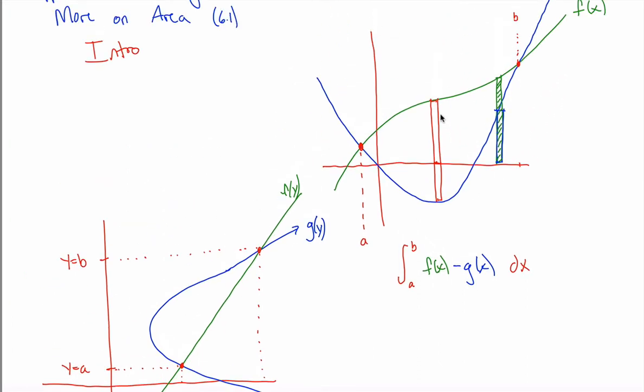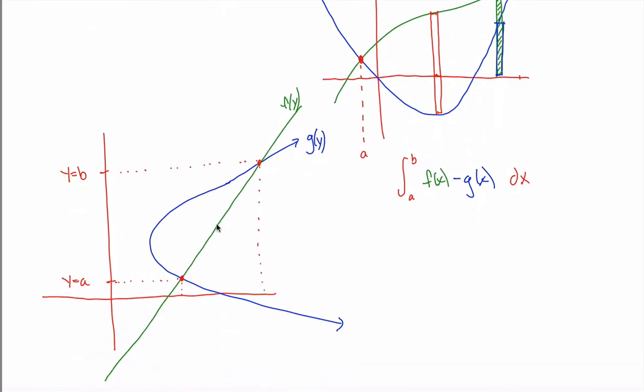When I think about a typical rectangle, it's not going to be a vertical rectangle like I drew here. It's going to be a horizontal rectangle. So the area beneath, in big old air quotes, f of y actually shows up to the left on the graph. If I took the integral from a to b of f of y, I'd be talking about how much area there is out to the left of this curve in green.